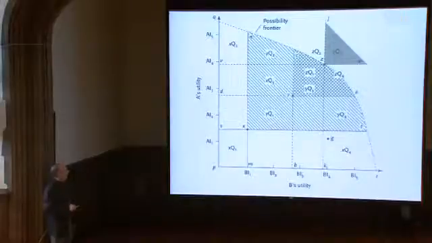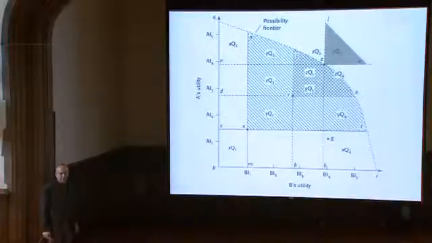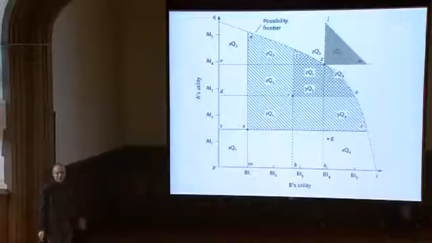So A has this much utility, if this is the status quo, X, and B has this much utility. A's happier than B, right? Wrong. We don't know that A is happier than B from what I just said. These distances don't mean anything. So it looks like A is happier than B, but that's misleading.